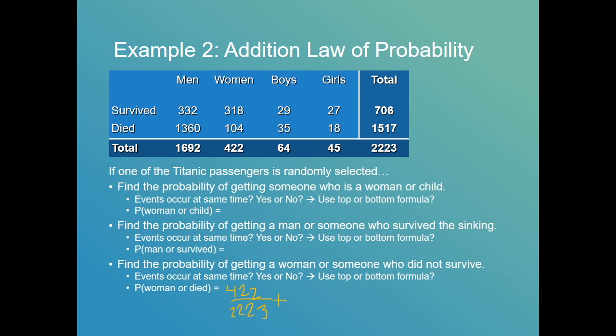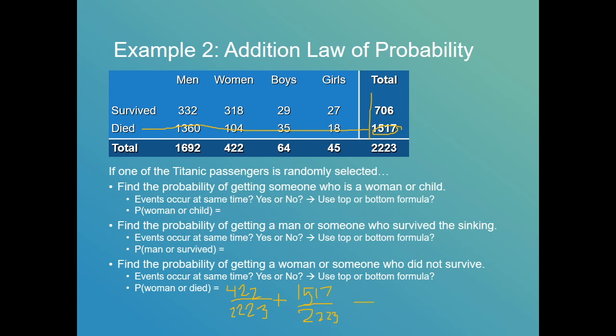So that would be found going from died over to the total column, and that would be 1517. So 1517 divided by the total sample, 2223.